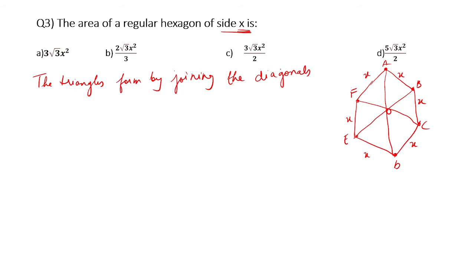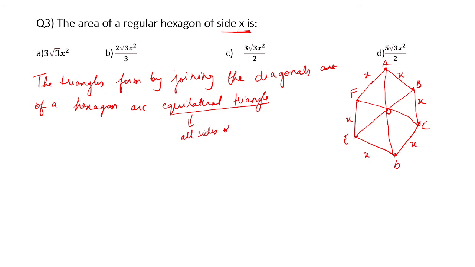The triangles formed by joining the diagonals of a hexagon are equilateral triangles. Clear up to this much? So what happens if it's an equilateral triangle? Since it is an equilateral triangle, all sides of the triangle are the same.